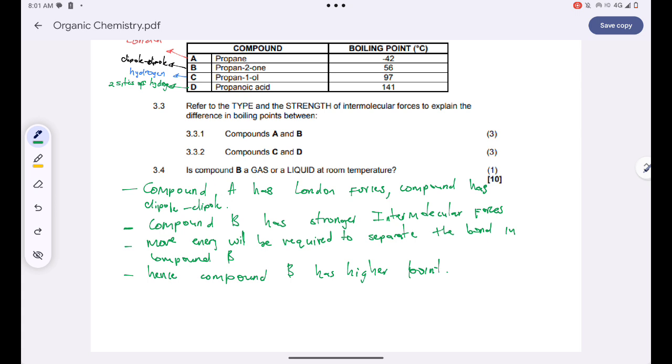Are we together? If you wanted to make conclusions between compound A and B by just focusing on compound A, yes, the first point will be the same.